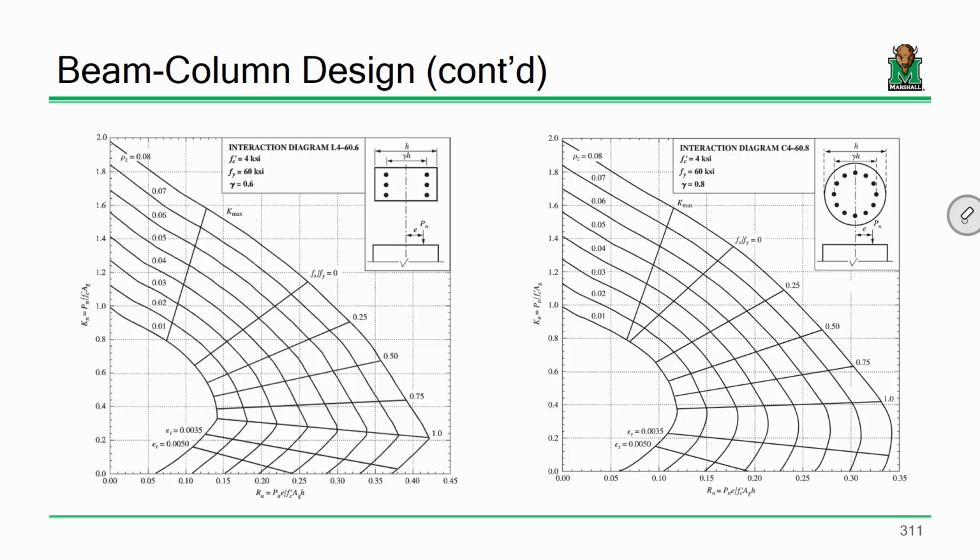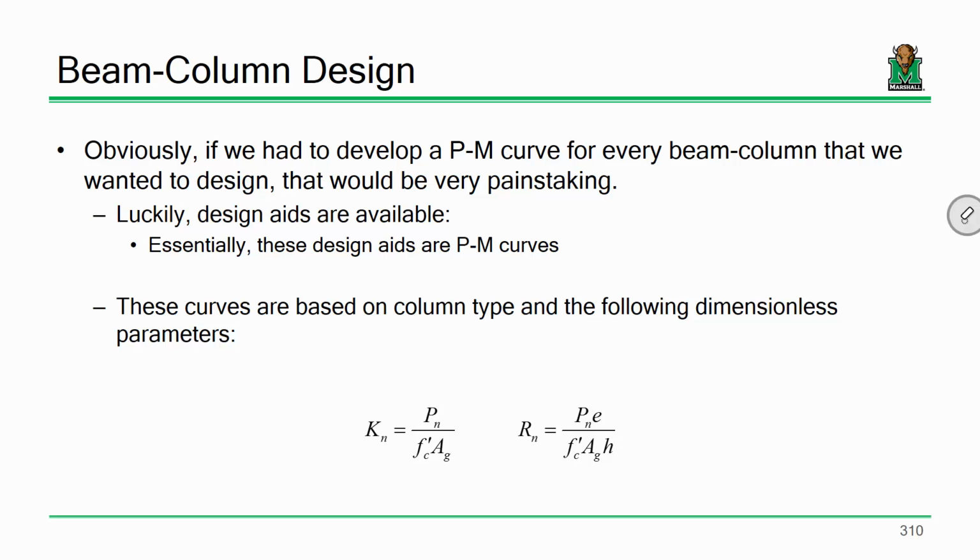Now, the one on the left is different than the one on the right because they're different columns. This is looking at rectangular columns, and this is looking at circular columns. So the math and the mechanics are a little bit different. What ACI has done to generate these PM curves is generate them based on these dimensionless parameters, Kn and Rn.